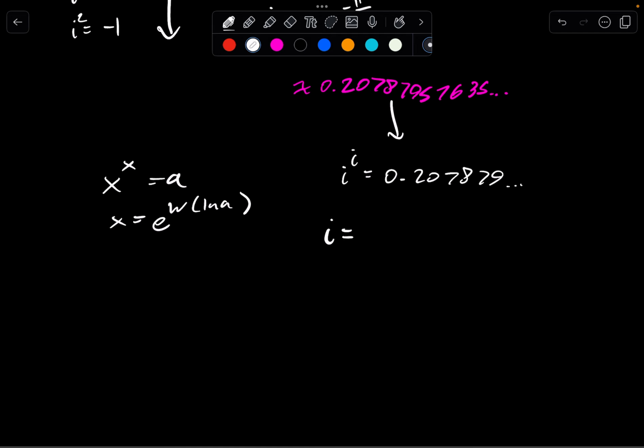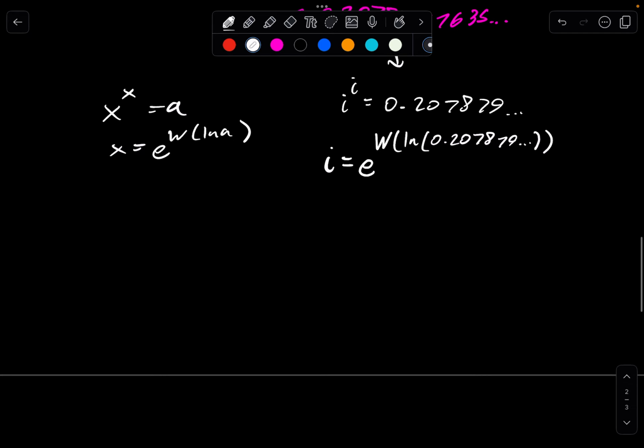i is equal to e to the Lambert W of the natural logarithm of 0.207879..., just like this, which is extremely cool, actually. And if we want to rewrite this in a different way, we can just do i equals e to the W of ln of, what was this again?